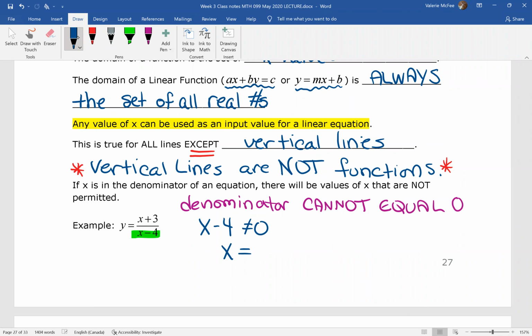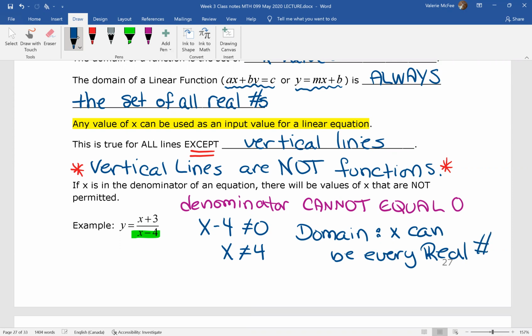Well, that means that x cannot equal 4. So for my domain, this tells me that x can be every real number except 4. Because 4 makes the denominator equal 0. When the denominator is 0, this function is undefined.